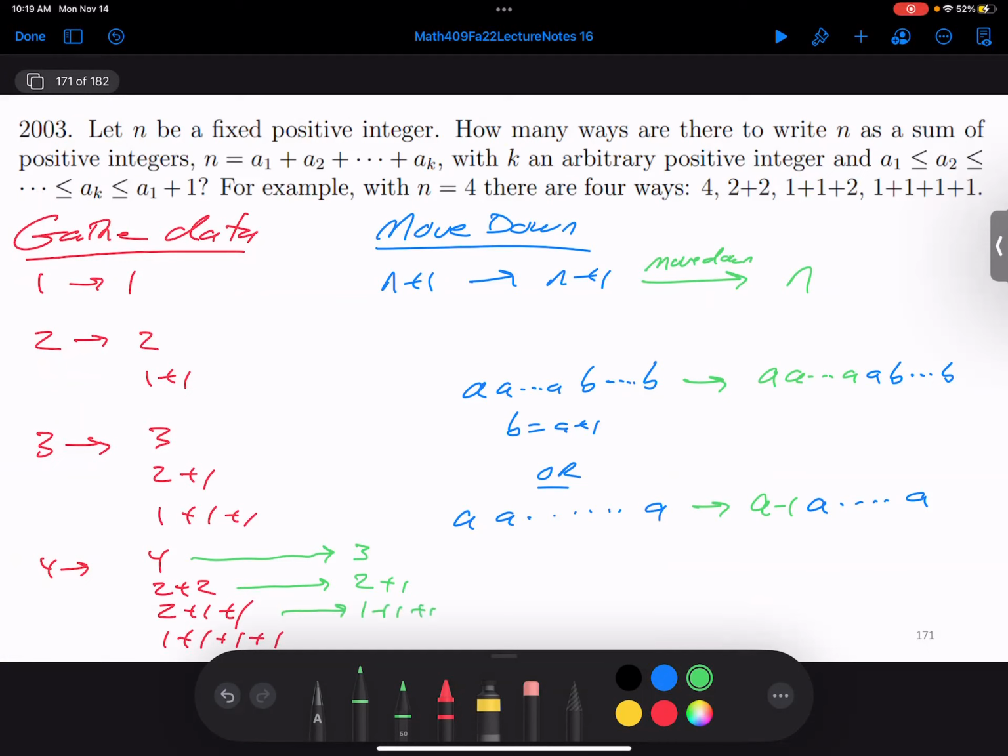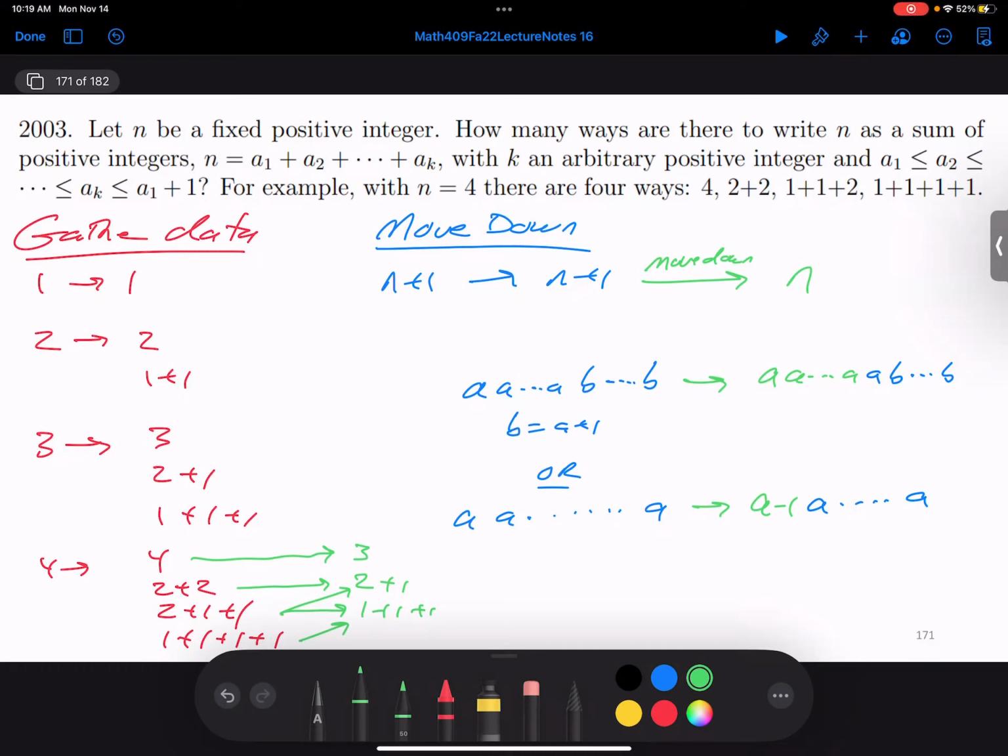What else can it go to? 2 plus 1. So that goes to two things. And what does the 1 plus 1 plus 1 plus 1 go to? 1 plus 1 plus 1. So when you look at that, you can see we had 4 items and it goes to 3. So the 2 plus 1 plus 1 goes to two different things.